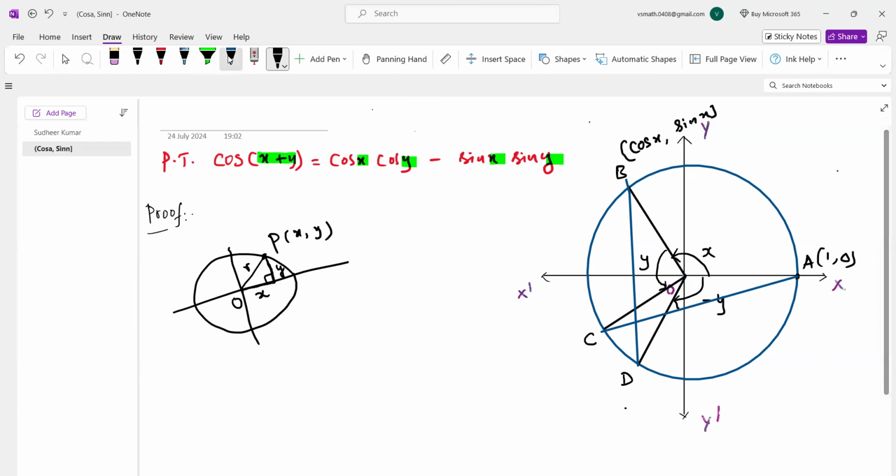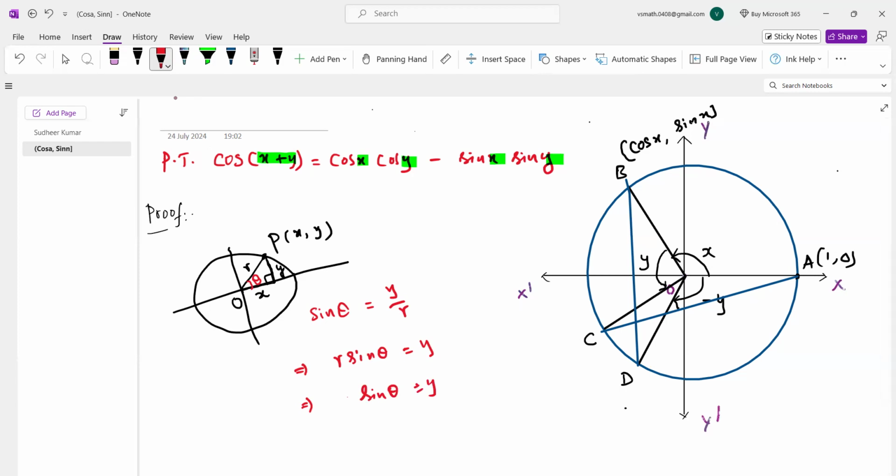Now suppose it makes angle theta. Now sin theta equal to opposite by hypotenuse, y by r. So we can write r sin theta equal to y. Since the radius is 1 in a unit circle, the value of y is sin theta.